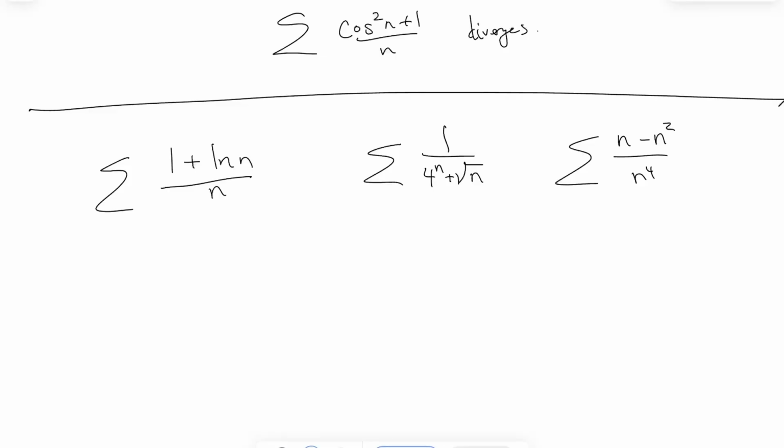Chat with your friends about it. In each case, your answer should just be converges or diverges.